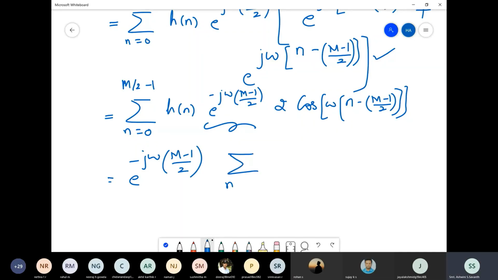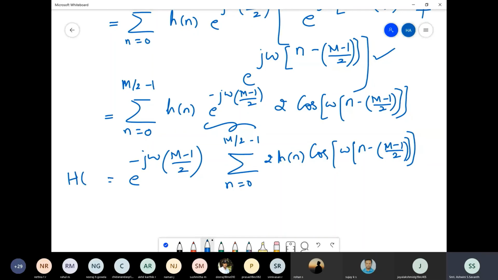The remaining term is summation n equals 0 to M by 2 minus 1, h of n, cos of omega into n minus of (M minus 1) by 2. So this is what H of e power j omega, the frequency response of the filter, is.